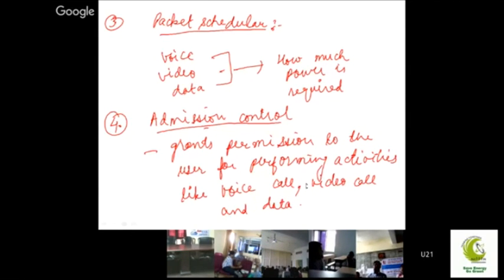So admission control grants permission for all these activities required by a particular user. So these were all the functions of the radio resource management, which is handled by the RNC, radio network controller.